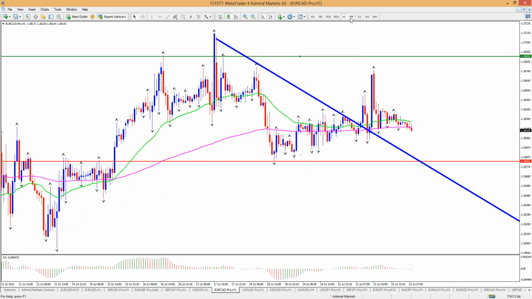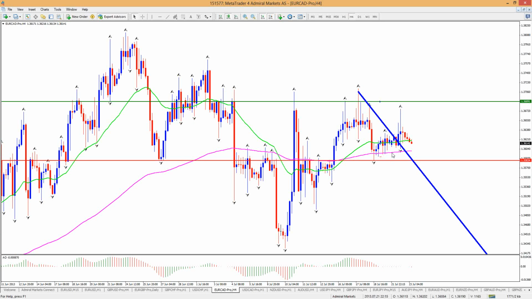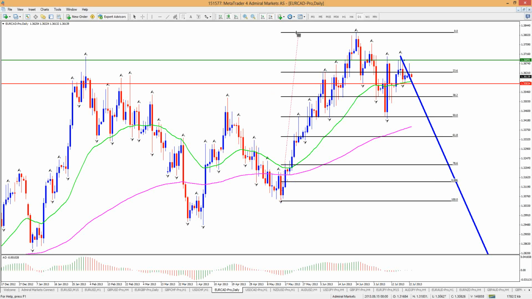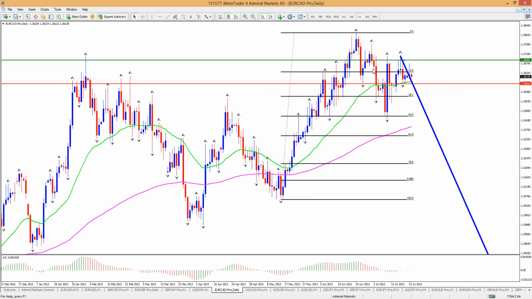Alrighty. Let's see. Let me quickly start maybe with this day chart. We bounced off a 50 fib here recently, as you can see, of this up move.